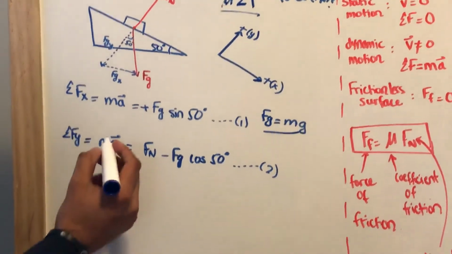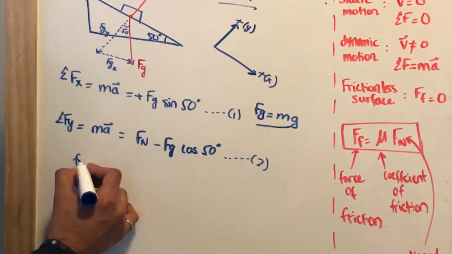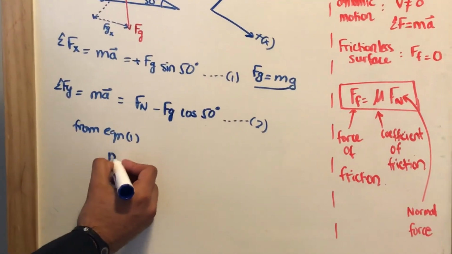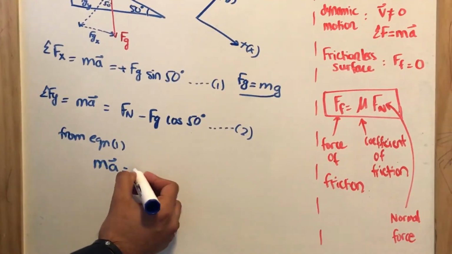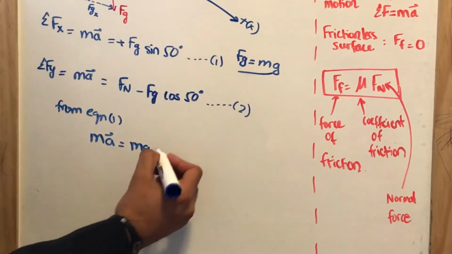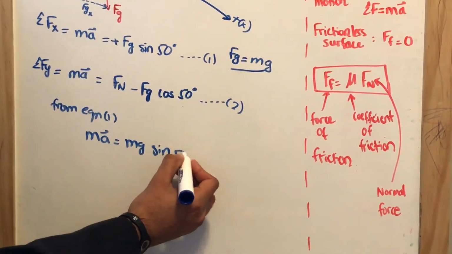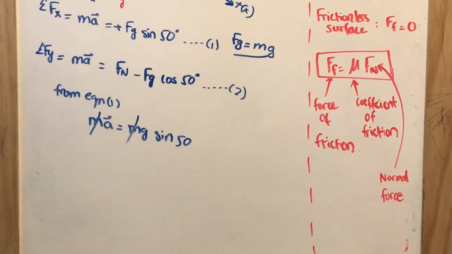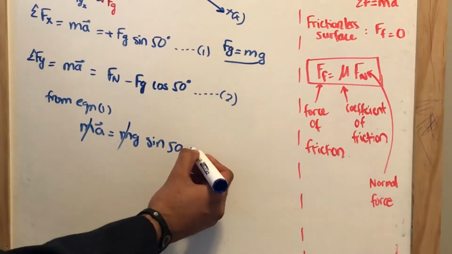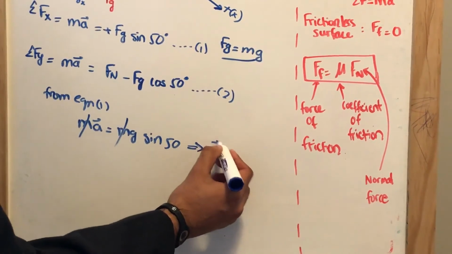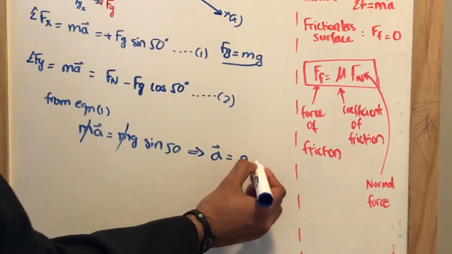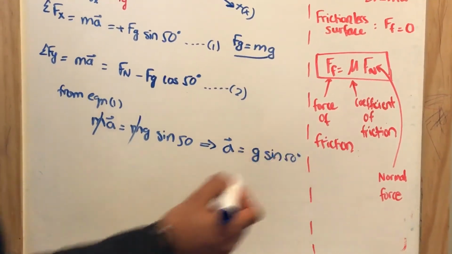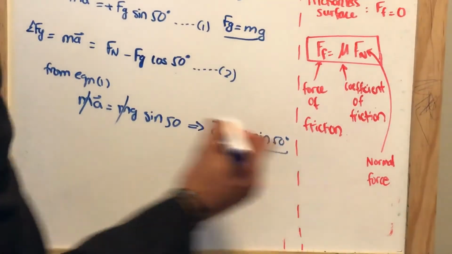From equation number 1, we have mass times acceleration is equal to mass times gravity sine 50. Again, the masses cancel out because they're present on both sides. So we are able to solve for acceleration, which is g, a constant, multiplied by sine of 50.